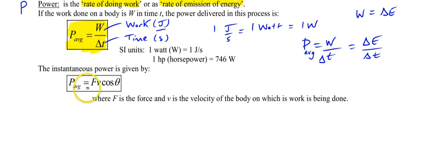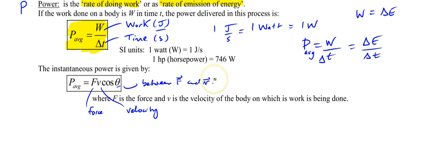The power would be equal to the force times the velocity times the cosine of the angle, and this is the angle between the force vector and the velocity vector. Now this can be easily derived, by the way.